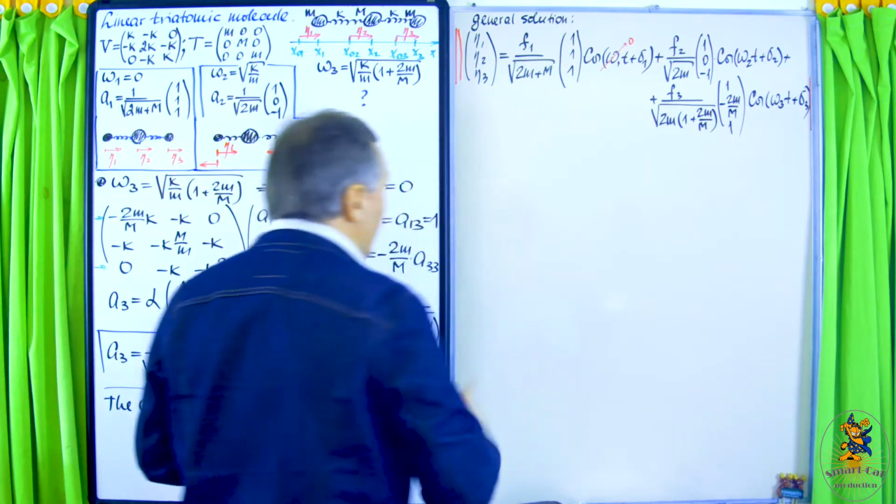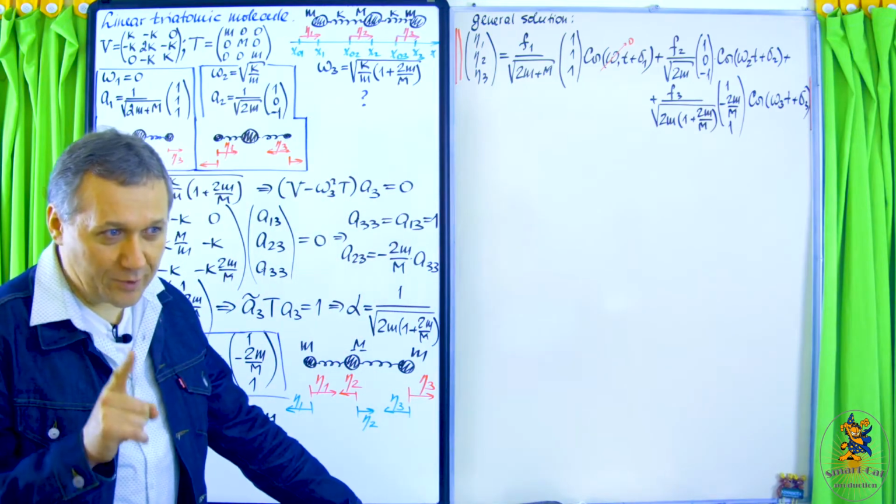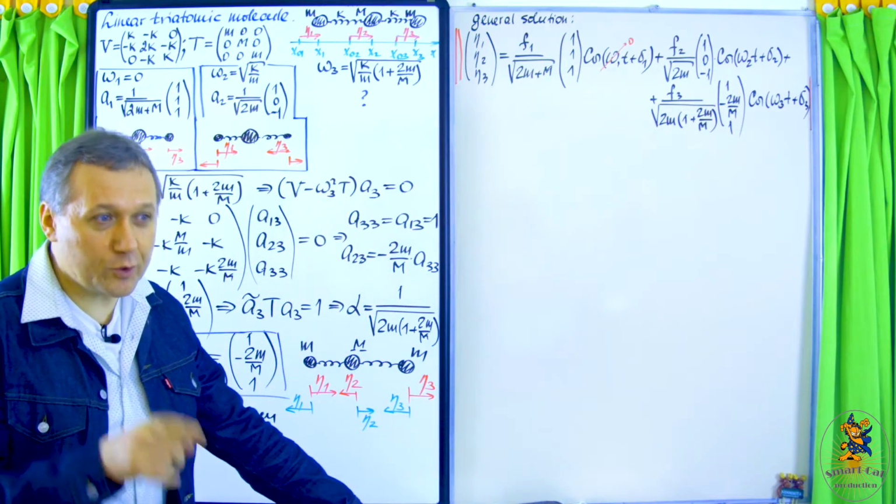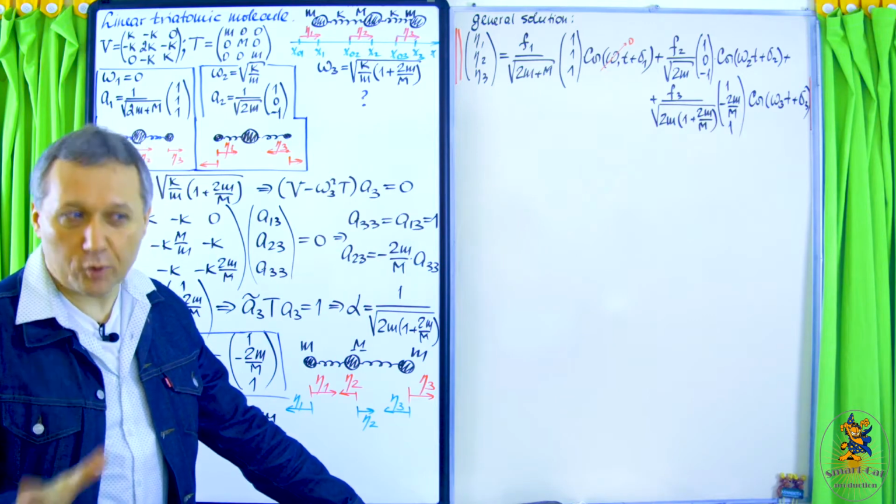And in order to start searching for normal coordinates, of course, we need to construct a modal matrix.